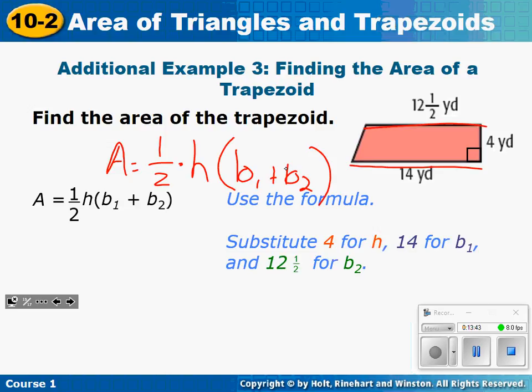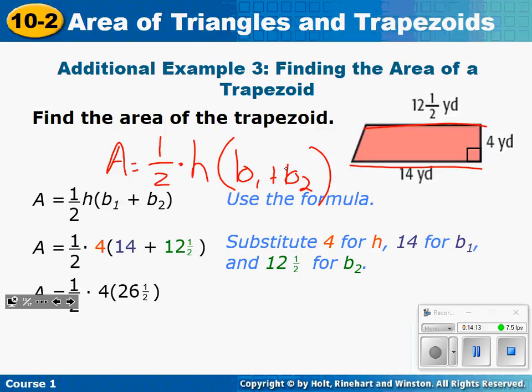When you plug all those numbers in, you substitute 4 for the height. So 4 will go here. 14 for B1, 12.5 for B2. So it'll look like this: 1/2 times 4 times 14 plus 12.5. You're just plugging numbers in. For every trapezoid you have 3 things that you have to plug in there. And then you do the math.